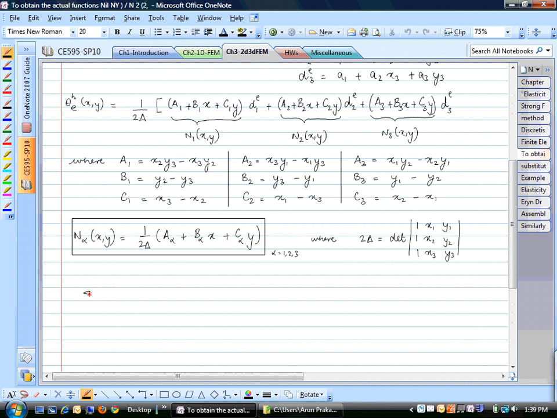If I say sum of shape functions N alpha at x, y, where alpha goes from 1 to 3, all I'm trying to do here is sum up all the shape functions at a general point within the element. So this is nothing but N1(x, y) plus N2(x, y) plus N3(x, y).